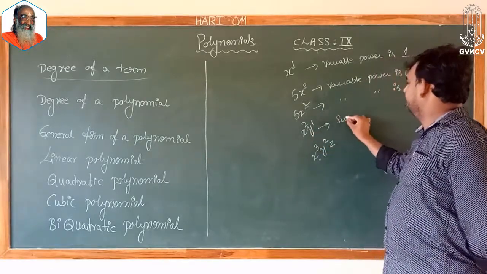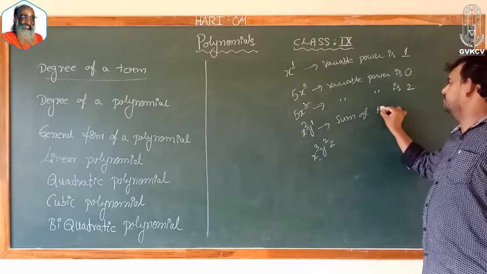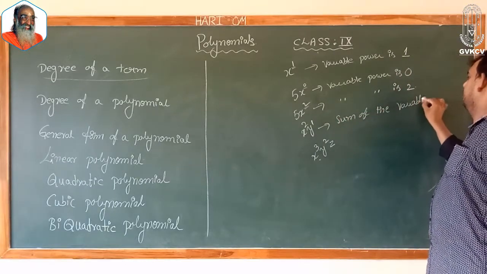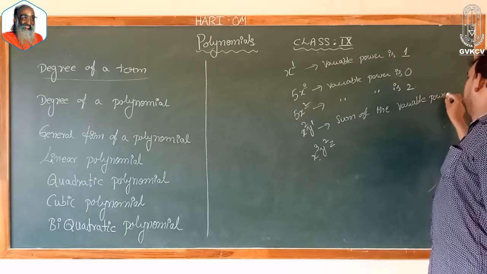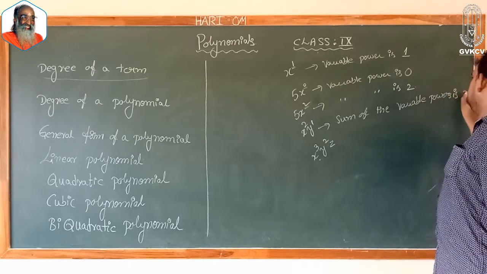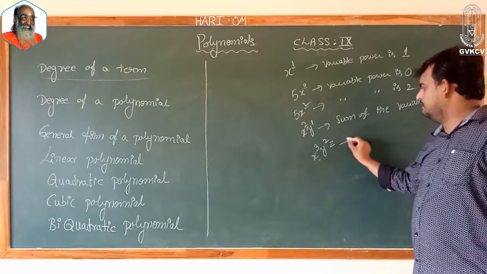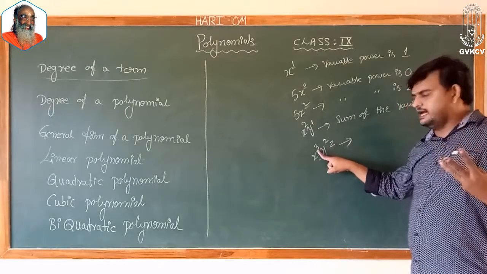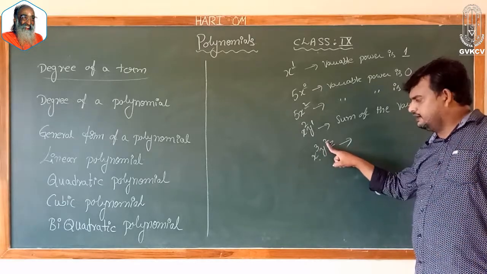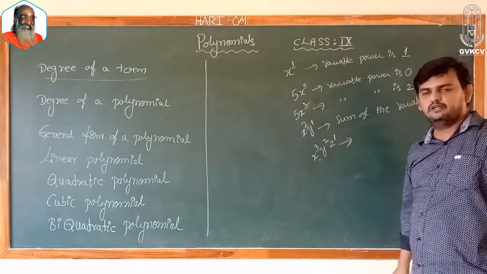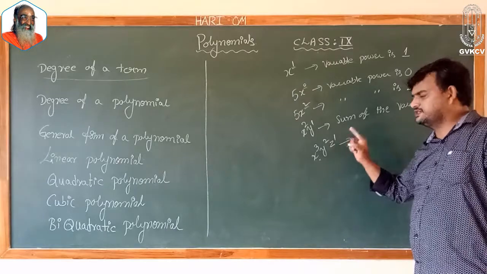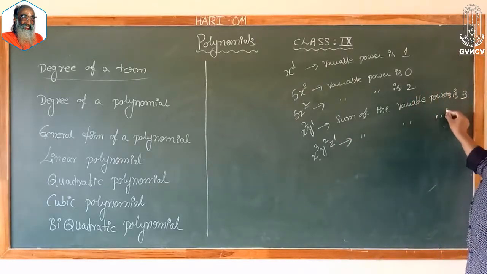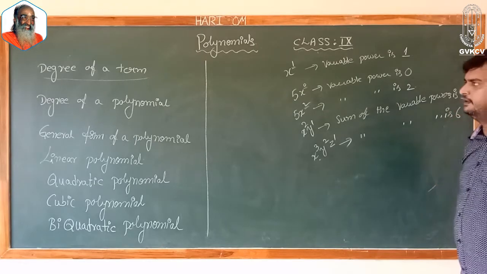So here the sum of the variable powers is 3. Now here x, y, z, I have 3 variables. X has the power 3, y has the power 2, z has the power 1. 3 plus 2 plus 1, how much? 6. So the sum of the variable powers is 6.